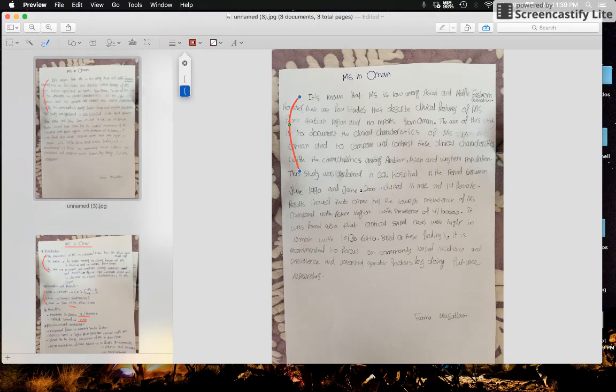This study was performed at SQH between the periods of 19... Okay, good. Excellent. Okay, again, you could mention the Poser's criteria. You have the prevalence, good. Okay, so I think one area that you might want to expand on is the conclusion, yeah? So I think what you want to do is look at the conclusion and expand on that a little bit.